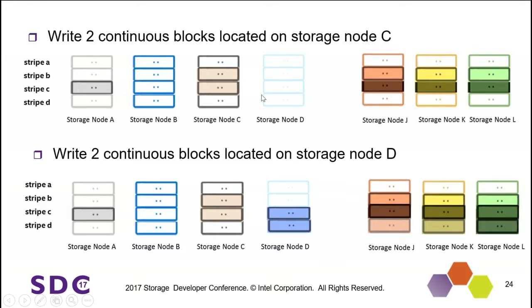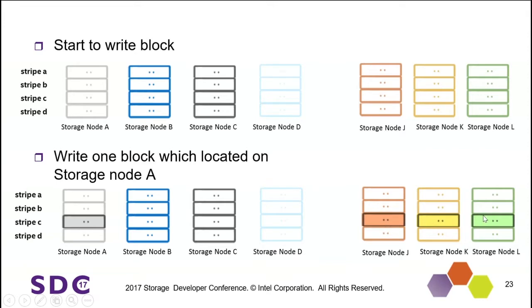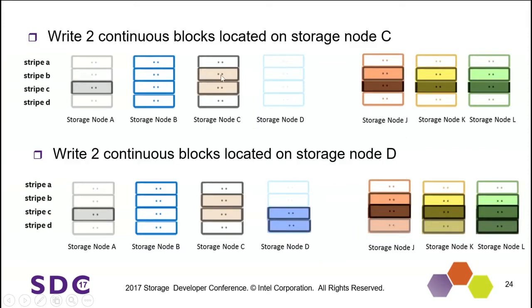And for the parity in stripe C, since the parity is already written, we need to multiply this block with different coefficients and XOR the product with the previous data to refresh the parities.